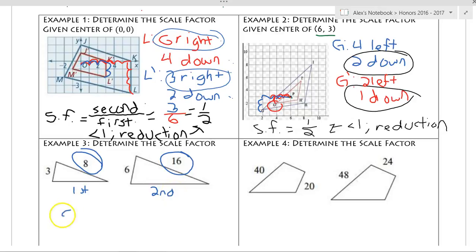So I have to follow the same thing I did up there. Scale factor equals second over first, so 16 over 8. 16 divided by 8 is 2. So again, it's still just that same division thing, but we don't have points, we just have length. And again, this one's now greater than 1, so it's an enlargement.